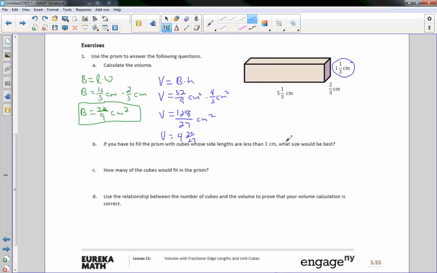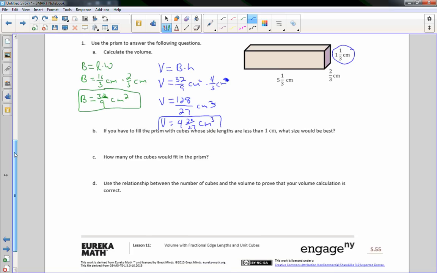Okay, so 4 and 20/27. Centimeters cubed. Okay, so this is not a squared, and this is a cube. Centimeters squared times centimeters is centimeters cubed. So there is my volume. I got lazy with my calculation.